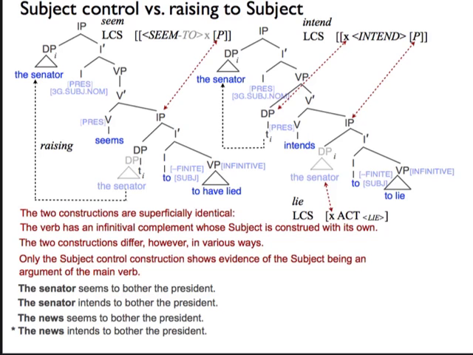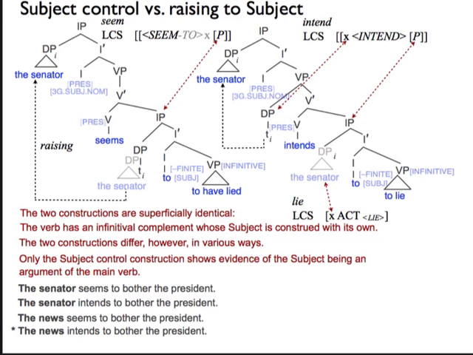So we have lie, we have intend, and seem. They have their properties. Lie has some properties, and it's going to say that X acts in a lying way, or something like that. So there's an argument that lie has, and that argument is instantiated inside the lower VP, and then moves up to the subject position of the embedded clause. I'm just not showing that because I ran out of room on the slide.